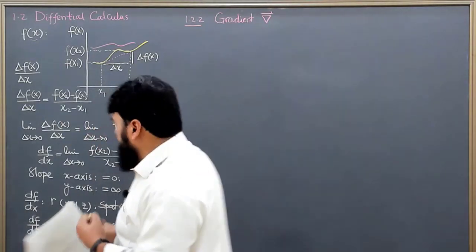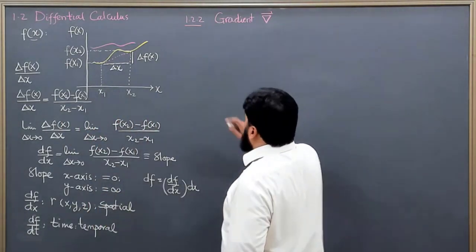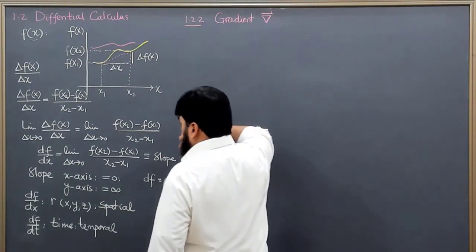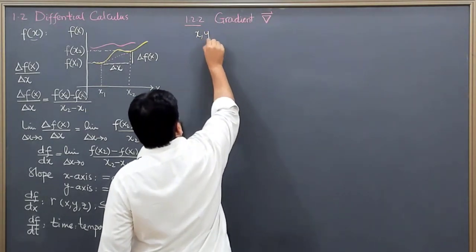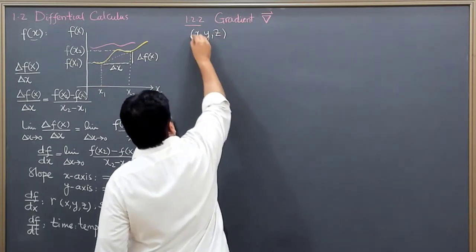As I said, the derivative that we discuss is a spatial derivative, so it depends on x, y, and z. These are the space coordinates.